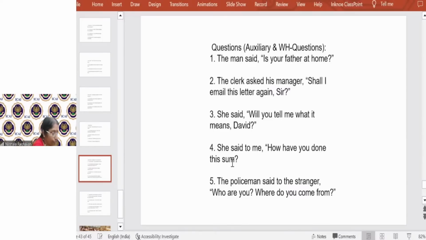Feel the sentence, then you won't make a mistake. Gunjan, write in your notebook.